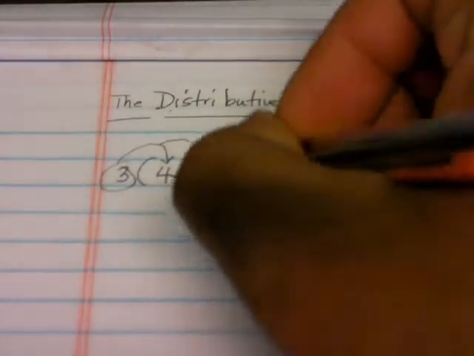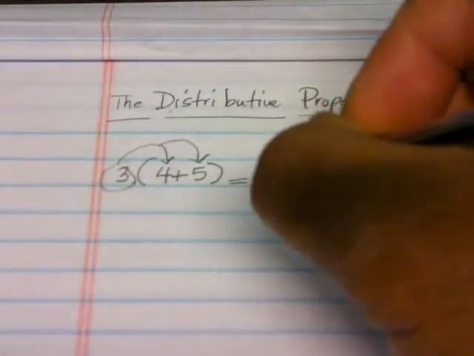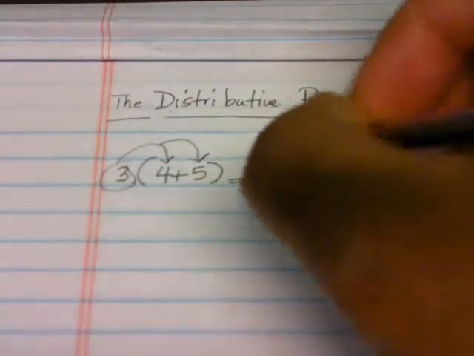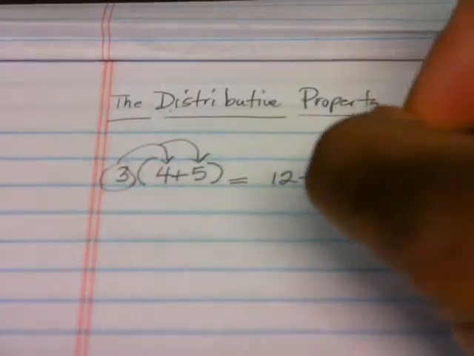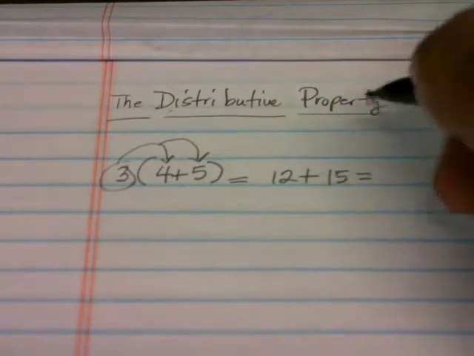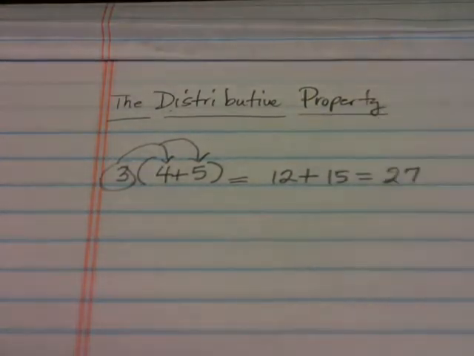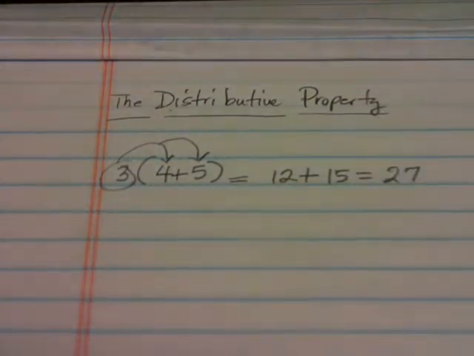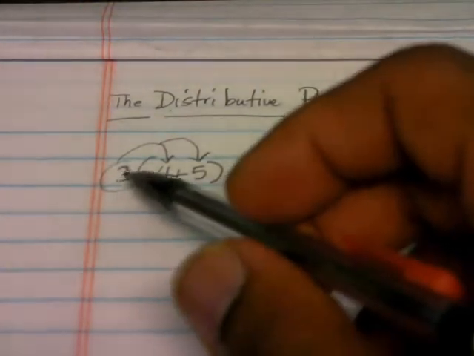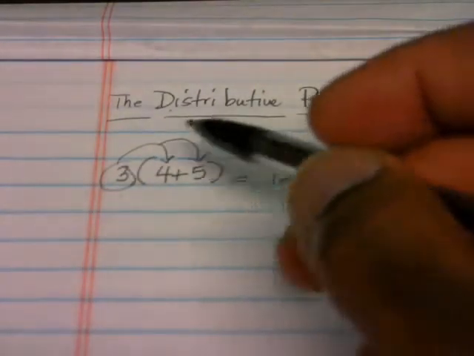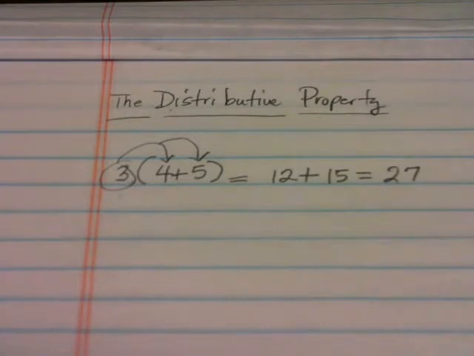In other words, 3 times 4 is 12, plus 3 times 5 is 15, and that equals 27.